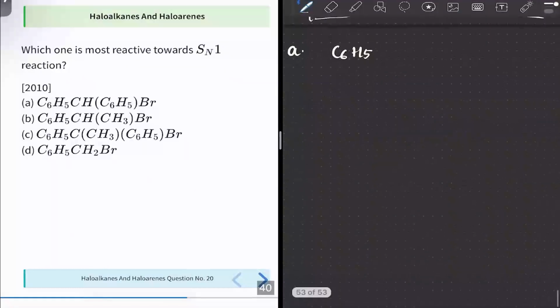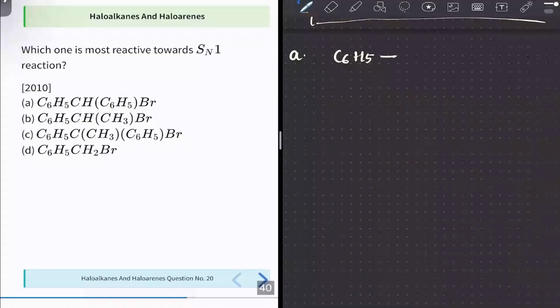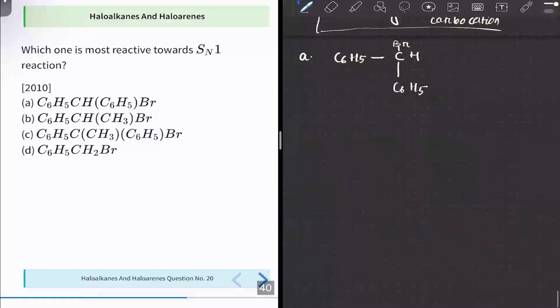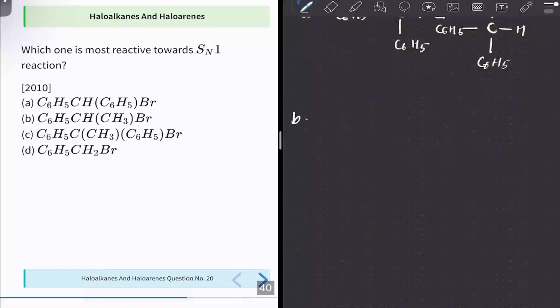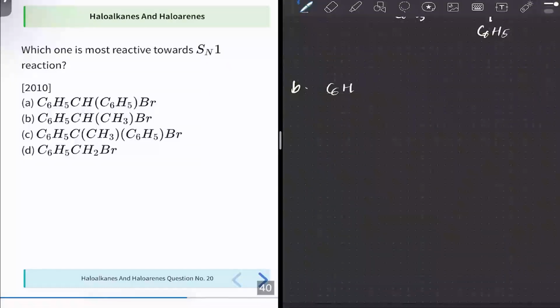So for option A, the compound given is (C6H5)2CHBr. The carbocation formed will be (C6H5)2CH plus. For B, C6H5CH(CH3)Br.